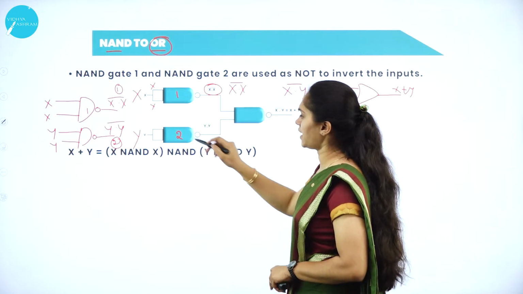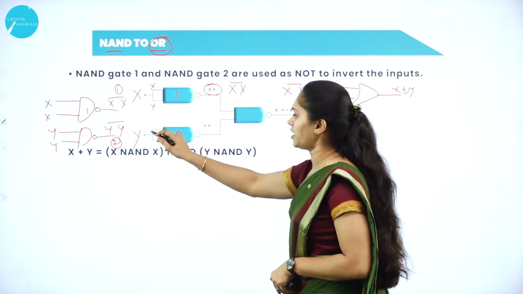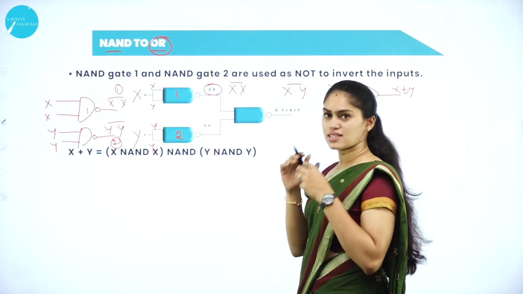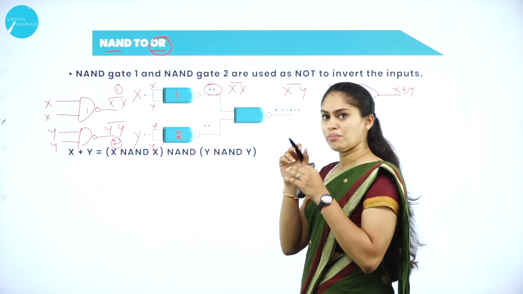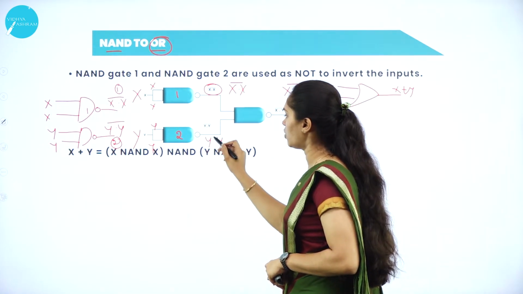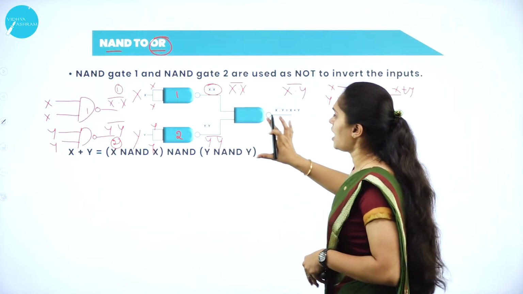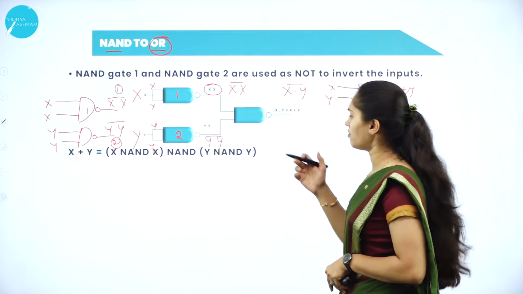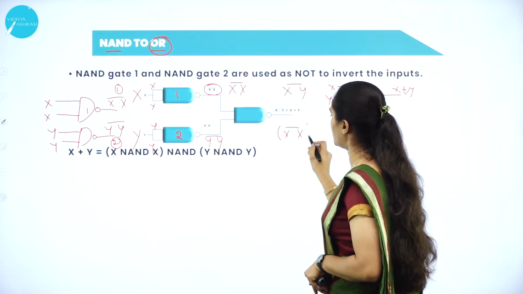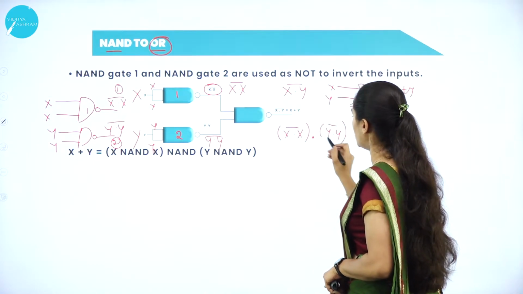When it comes to the second NAND gate, here I am giving y as an input, so when it is shorted, both the inputs are the same, and my inputs are y and y, so it will become y dot y whole bar. So these two are the inputs that I am going to feed to another NAND gate. So how am I going to write? x dot x whole bar into y dot y whole bar.